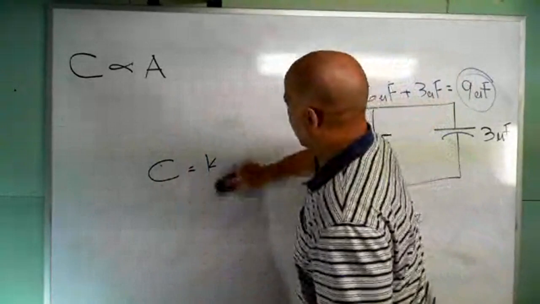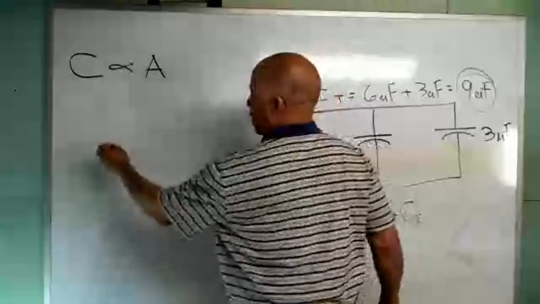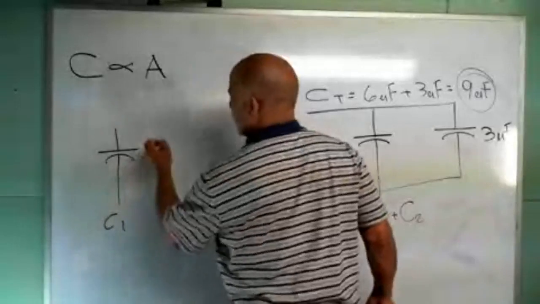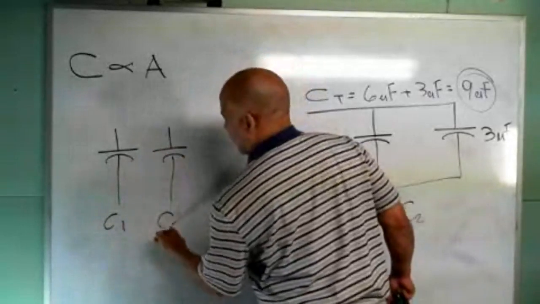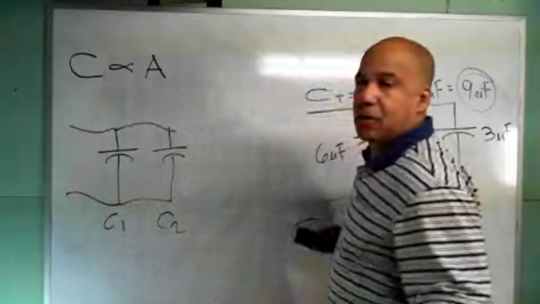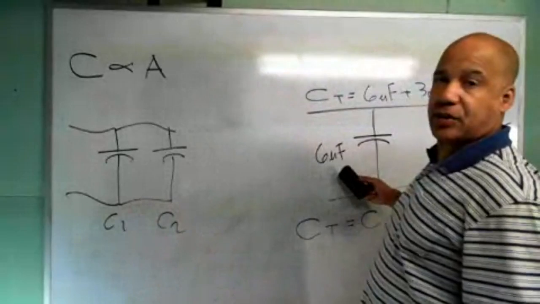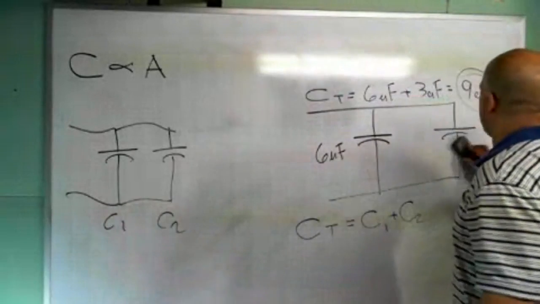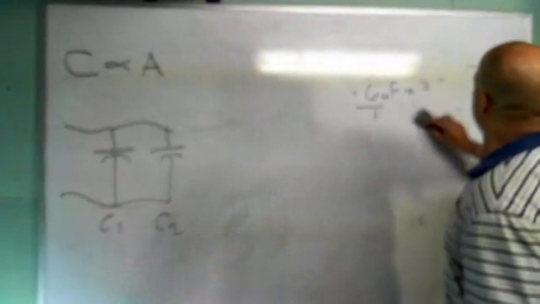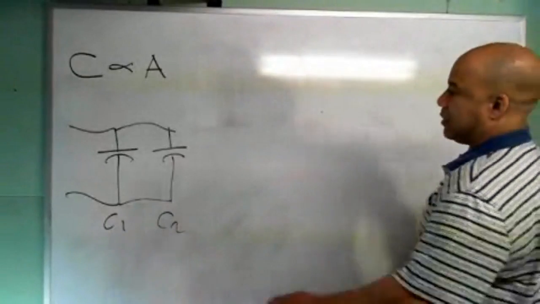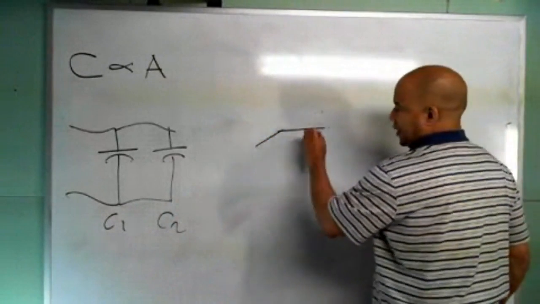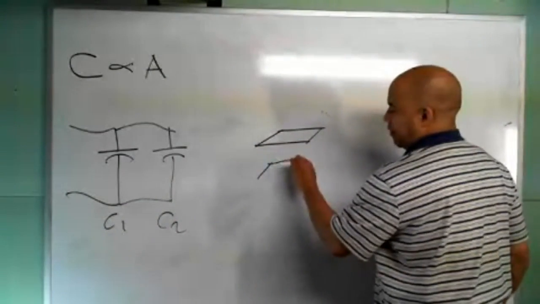So let's have two capacitors hooked up like this. I've got capacitor C1 and capacitor C2, and they're hooked up in parallel. What am I doing physically to increase the capacitance? Well, pretty simple. A capacitor is basically plates of metal or conductor.